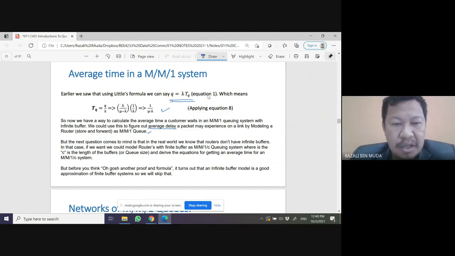But the next question is that in the real world, routers don't have infinite buffer. In this case, we could model routers with a finite buffer queuing system, M/M/1/C, where C is the length of the buffer, and derive the equation for the average time.